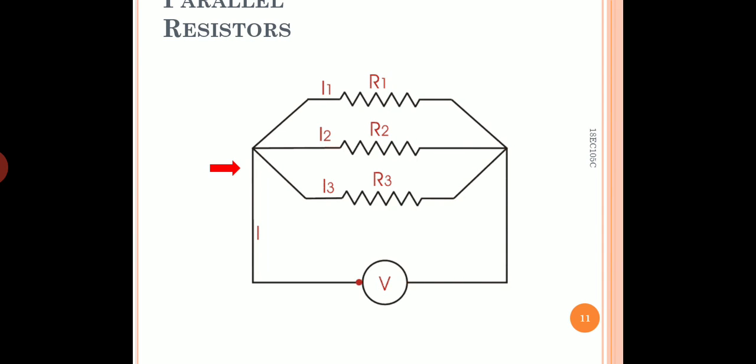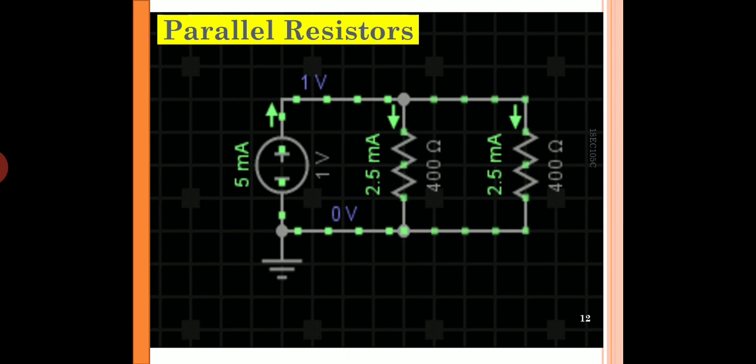This is the parallel connection, and here we see the current I is coming out from the voltage source battery V, and this current is again dividing into three currents, that is I1 through R1, then I2 is the current flowing through R2, and the next one is the current I3 flowing through R3. So this is the phenomenon which is shown here.